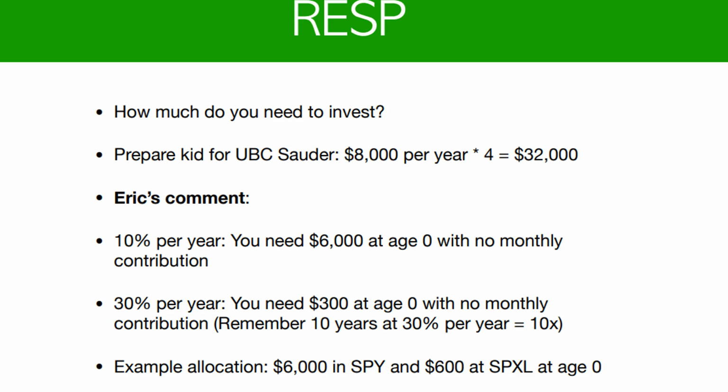So that means, for example, let's say your child is born this year, 2022. Then you put $6,000 into SPY in the first year, and you put $600 just for some buffer room into SPXL at age 0. You're good. You're done.